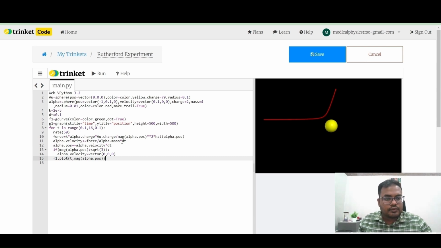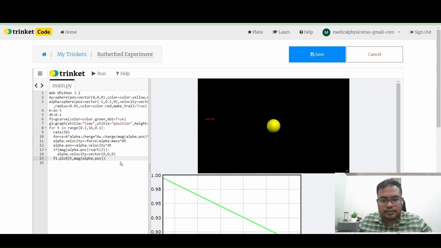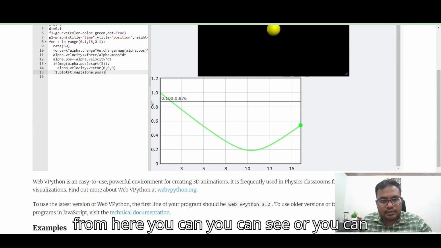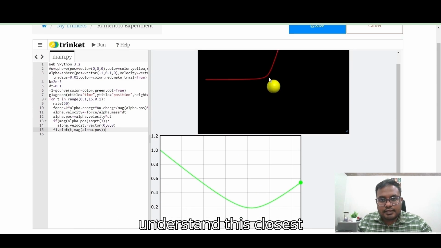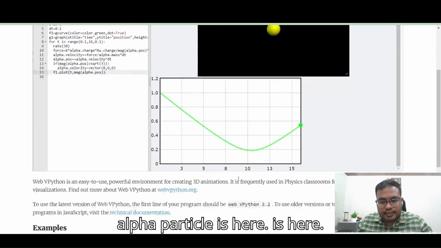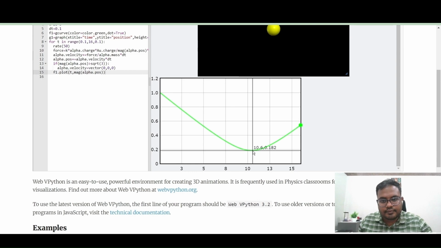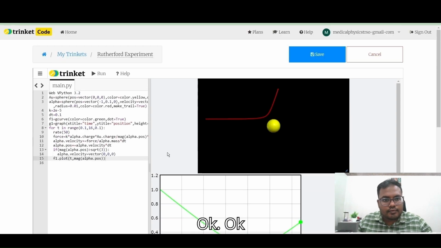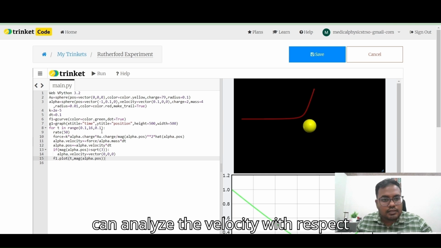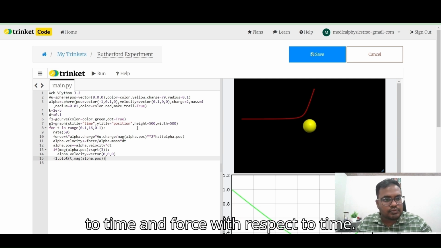That's it. Now if we run it, then see. So from here you can understand the closest distance between the nucleus and the alpha particle is here. Okay, so in such a way you can plot or analyze the velocity with respect to time and force with respect to time.